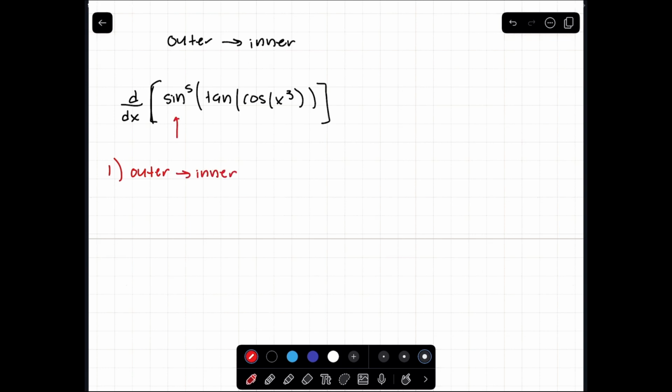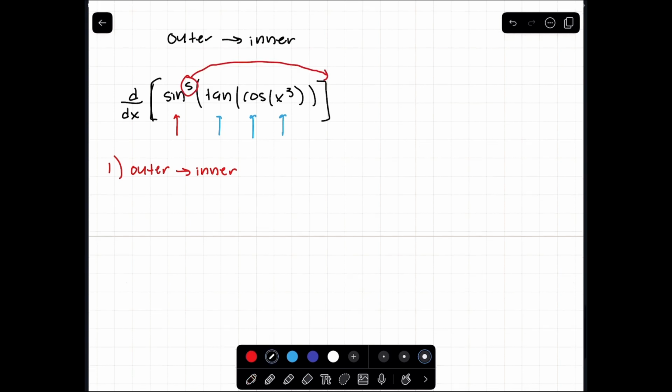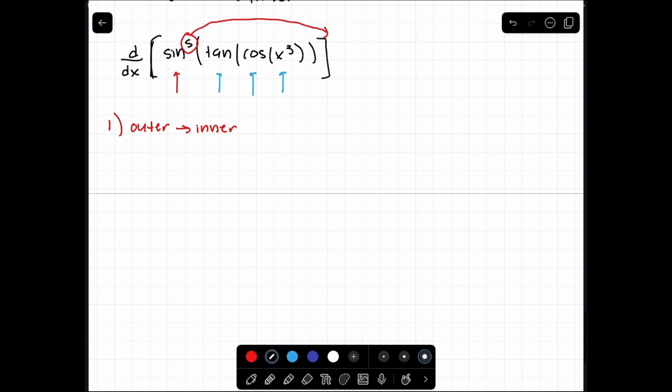So we have outer, inner, inner, inner. And whenever you have a 5 at this location, we can actually move that to the end, put that on the outside. So we can call this sine, tangent, cosine, cubed, fifth.